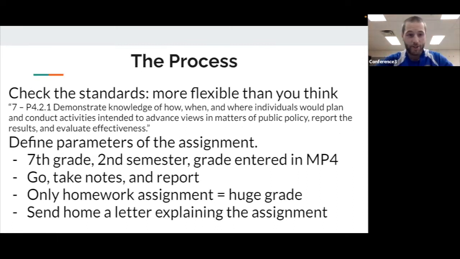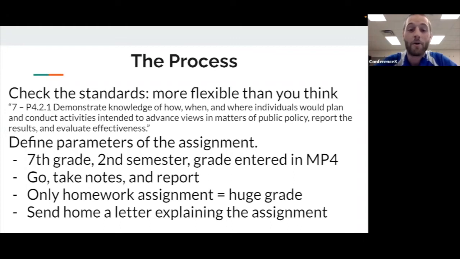Some of the inspiration behind this too comes from the standards. I hear a lot of people complain about state standards, and that's fine. I find them to be a lot more flexible and malleable. I can do what I want with them. So the one I grabbed is 7P4.2.1, if anyone really cares for that.